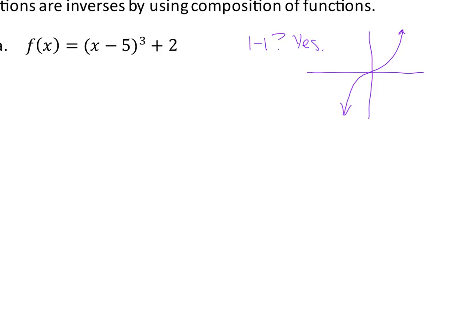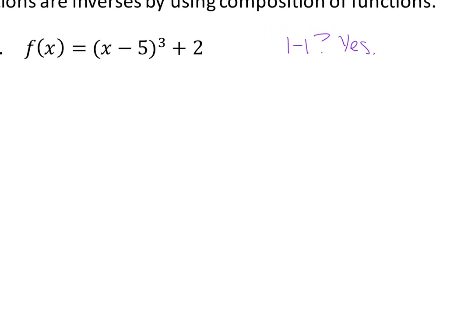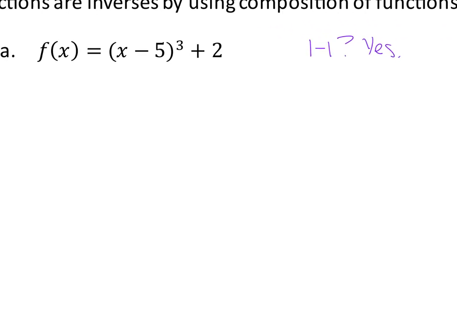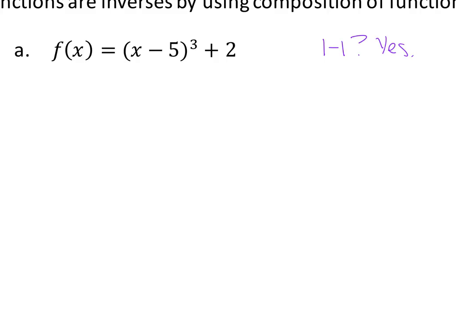All right, the next thing that we want to do is find our inverse function. And so for our inverse function, remember the first thing that we're going to do is get it out of function notation. So I am going to rewrite this as y equals (x minus 5) cubed plus 2.